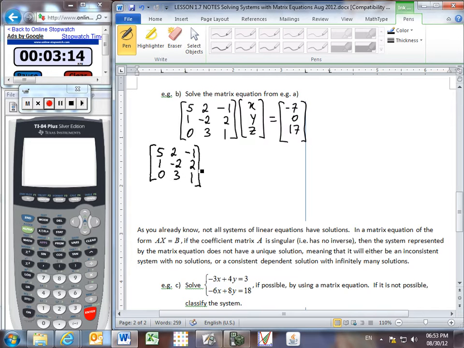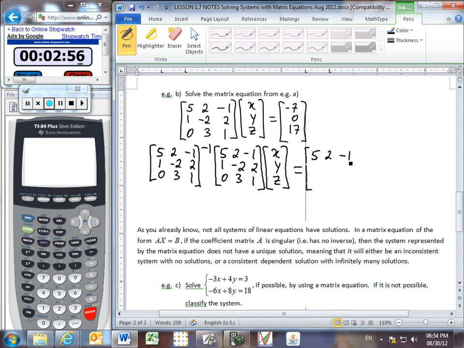We're going to take the inverse of this matrix A, and we'll pre-multiply it on the left-hand side. And we will pre-multiply it on the right-hand side. So again, we take our matrix A inverse. So whatever I do to the left, if I'm pre-multiplying by A inverse, I've got to pre-multiply the right-hand side by A inverse.